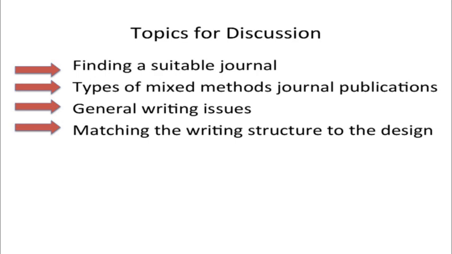Consider general writing issues such as word length and how you're going to educate the readers as to what mixed methods is. And finally, match the writing structure that you're using, the compositional structure of how you organize, especially the results and the discussion section, to reflect the type of mixed methods design that you're using in your study.